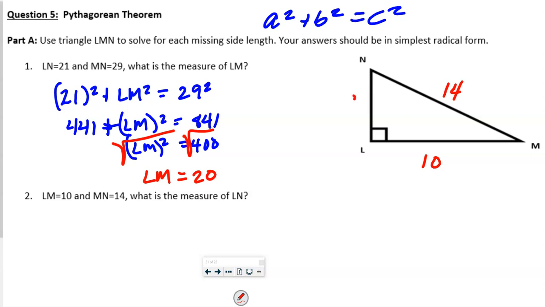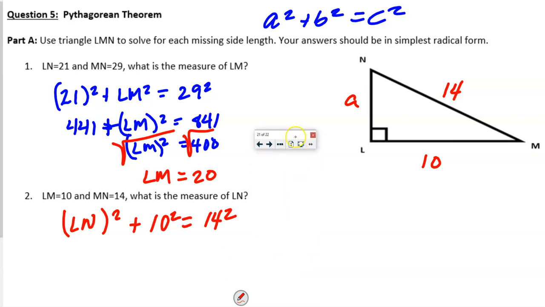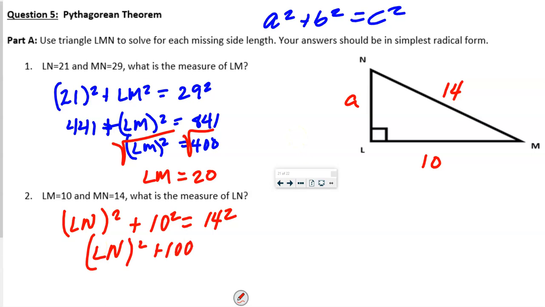So we could make this our A. So we're going to go LN squared plus 10 squared equals 14 squared, okay? So this is LN squared plus 100 equals 196. Subtract 100 from both sides, you get LN squared equals 96.